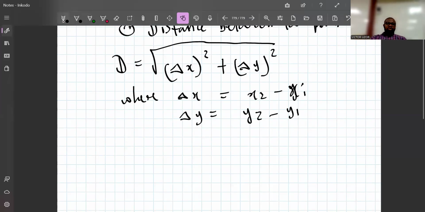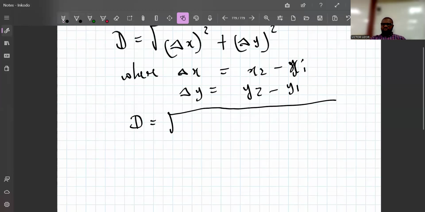So if you want to put it in a full formula, you say that distance is equal to square root of change in x squared plus change in y squared. Most of the time, you can say change in y squared first, because in many of the things we do in the Cartesian plane, we usually start with y.